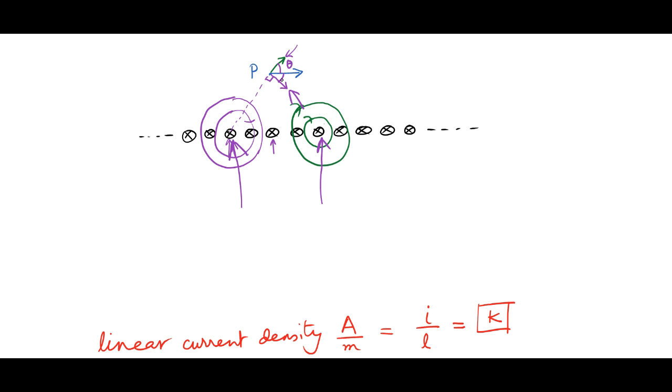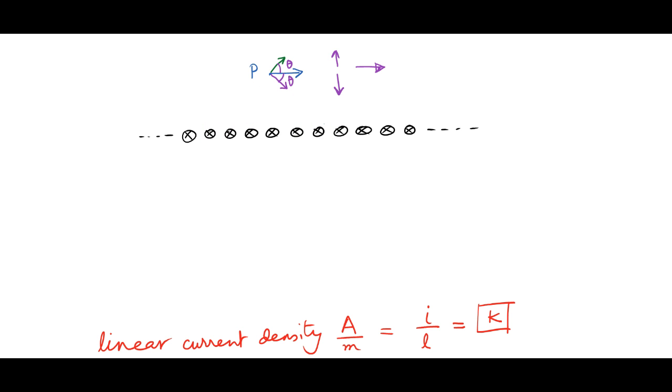Let's call it theta with this blue arrow, and naturally their components in the vertical direction in the computer screen, those will cancel, and when we add those two fields, we get the total contribution to be towards the right.